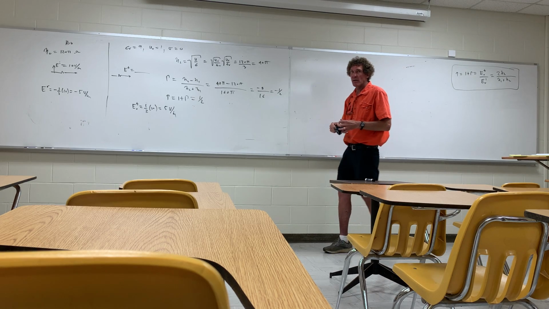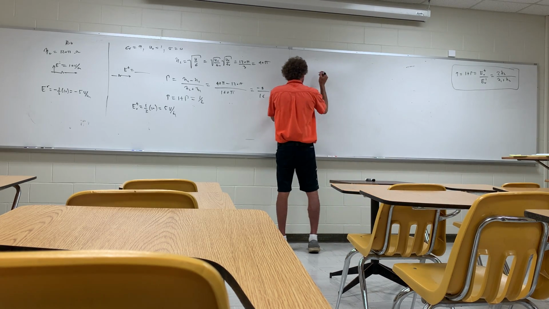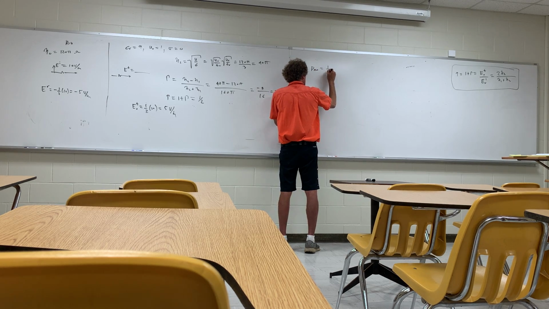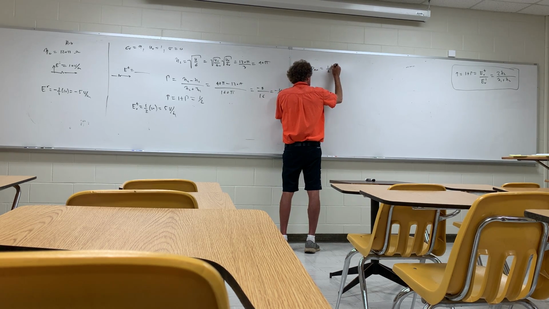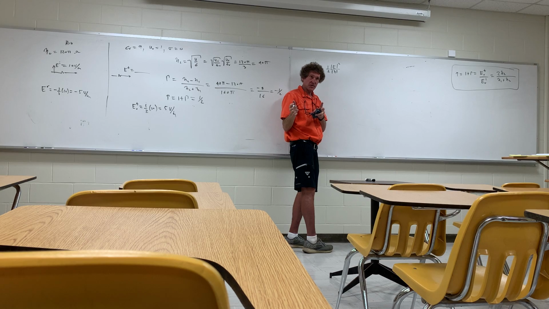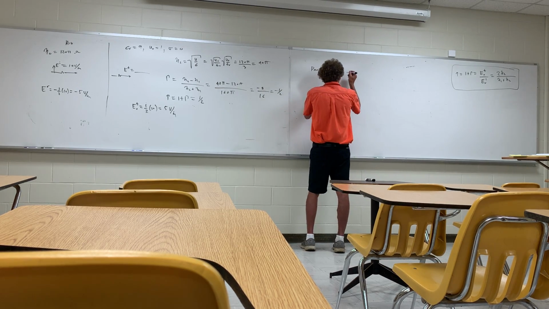When you talk about power, if it's lossless, always remember that average power flow is 1/2 the magnitude of the E field squared over the magnitude of eta. Now this is for a lossless region. There's no cosine, there's no e to the minus 2 alpha z in this case. This is a lossless region.